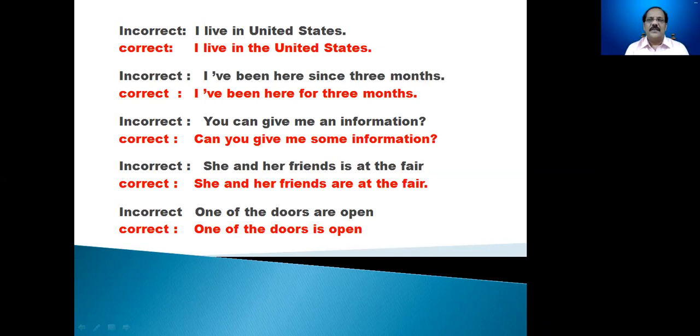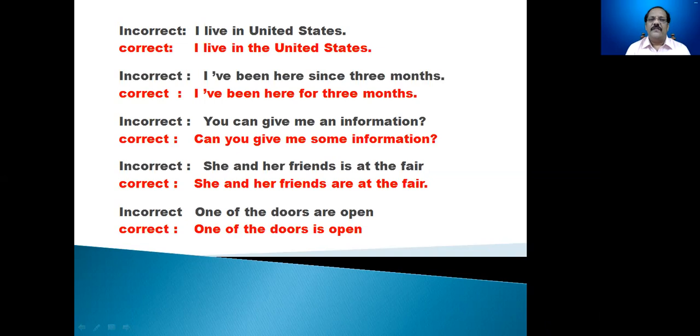If the subject is singular, the verb must be singular. If the subject is plural, the verb must be plural. So she and her friends, whether it is singular or plural, it is plural. So we are using what? A plural verb called are. So she and her friends are at the fair is the correct one.